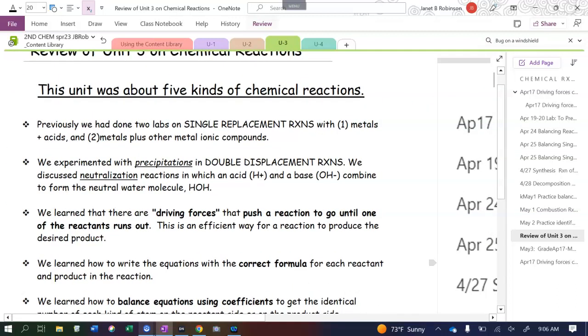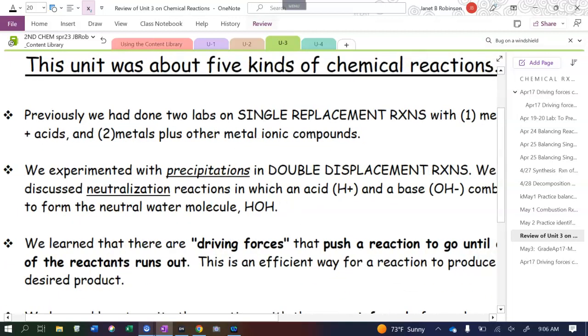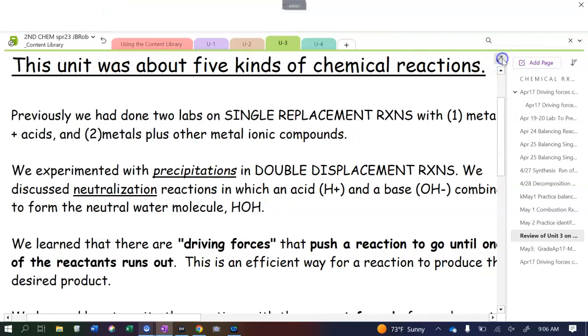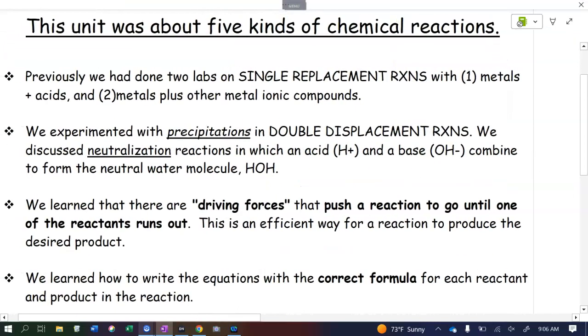So this unit was about 5 kinds of chemical reactions. These are the most common kinds. So previously, do you remember we had done 2 labs on single replacement reactions? One of them was metals plus acids, and you tried to see who was the most reactive.